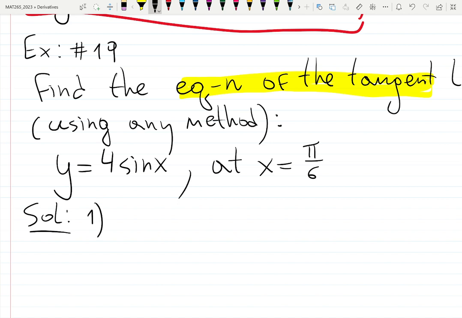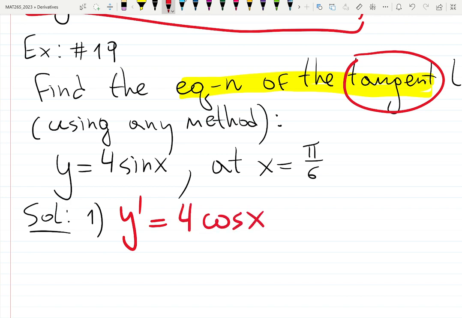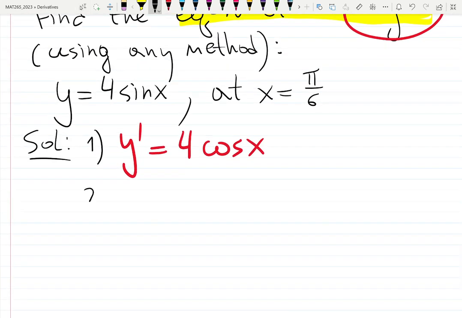Step 1. You see the tangent line phrase? You know how to start. You do what? Find derivative. Y prime, F prime, whatever it is. Find derivative. Okay, I see the function is 4 sine. Derivative is? 4 cosine x. Yay. Step 2. Well, that's just a derivative, but they wanted to find slope.